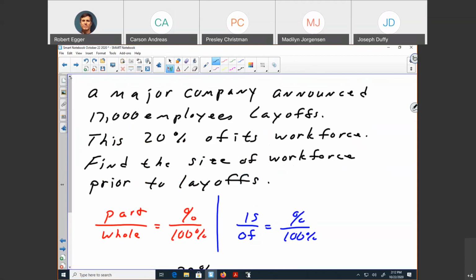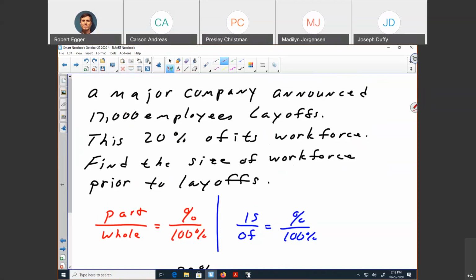The part typically is smaller than the whole, not always, typically. So 17,000 employee layoffs, this 17,000 is 20% of its workforce. Okay, 20% of what?